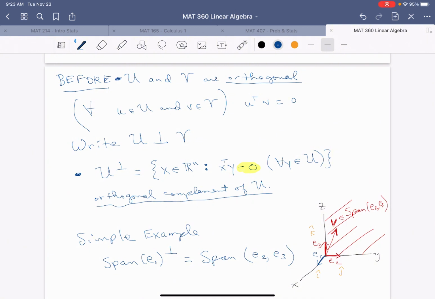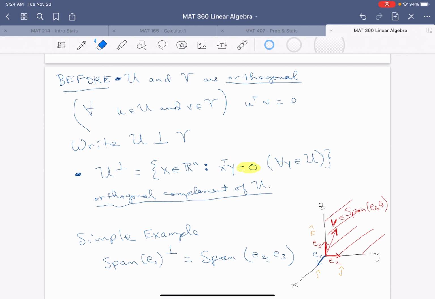So if we have two subspaces, in this case I'm calling them U and V, two subspaces of Rn, so in this section we're pretty much in Rn, those subspaces are orthogonal if the dot product, U transpose times V, is equal to 0, and that's true for every u in big U and every little v in big V. In other words, if you can take any vector out of U and do the dot product of it with any vector in V, and you'll always get 0, then those two spaces are orthogonal.